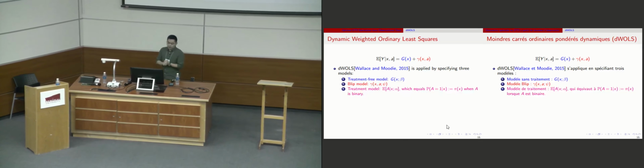Again, our outcome model has two parts, the treatment-free part and the blip part. DWOLS is applied by specifying three models. The first is the treatment-free model, for the treatment-free function, which can be any function.